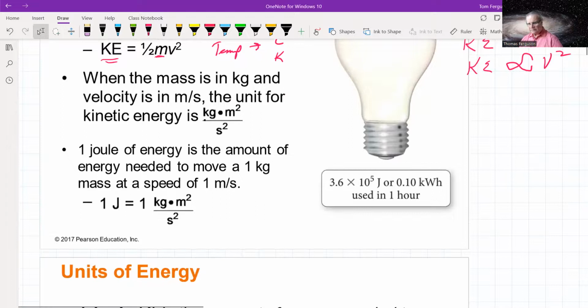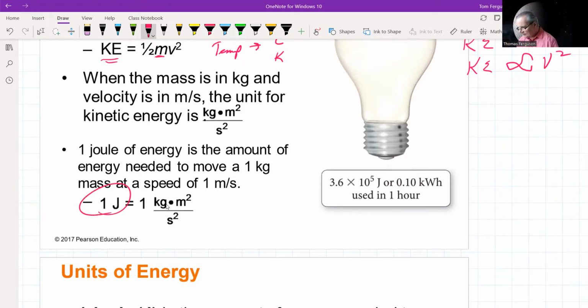If we stick to our standard units of kilograms and velocity squared in meters squared over second squared, we end up with a joule. So a joule, which is abbreviated J, is our standard unit of energy in this course, or kilojoules.